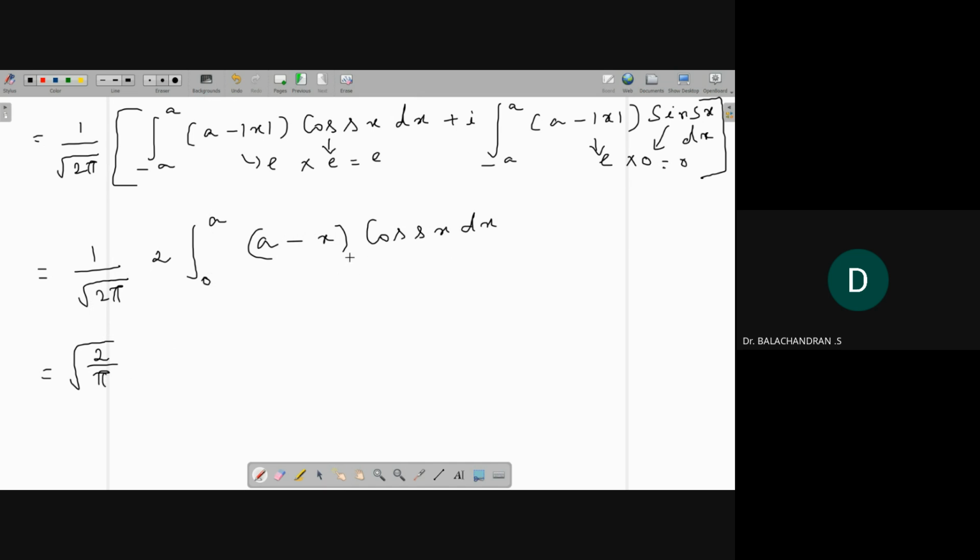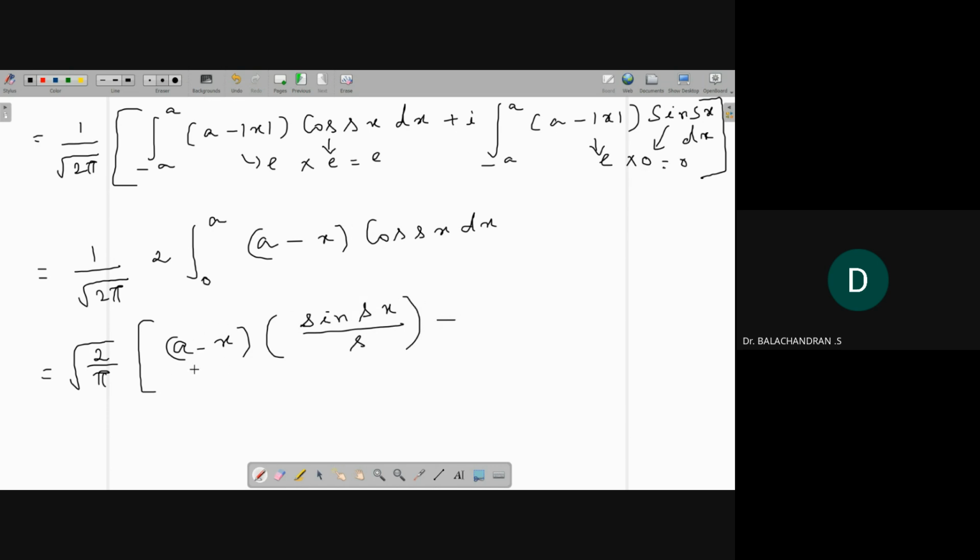Now I'm going to integrate using Bernoulli's method of integration. If I integrate, what you'll get? Keep a minus x, into the integral of cos sx, which is sin sx by s, and then minus.